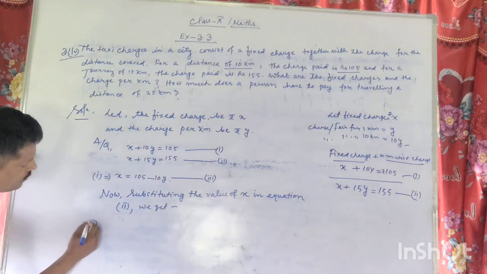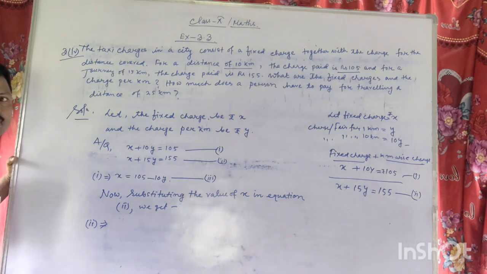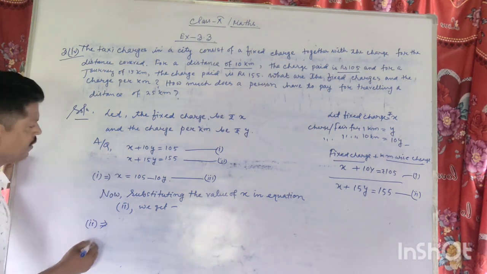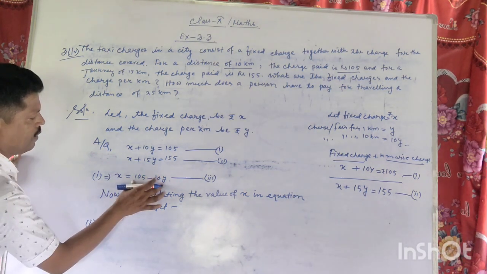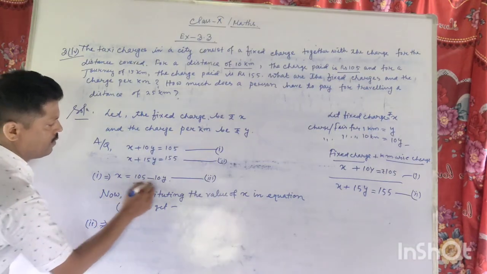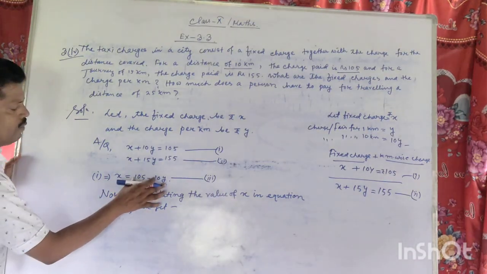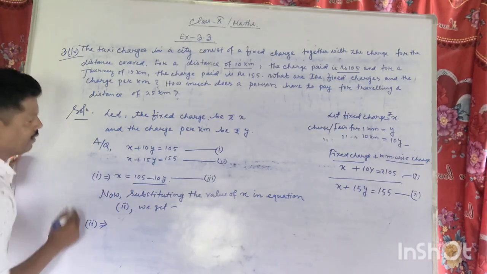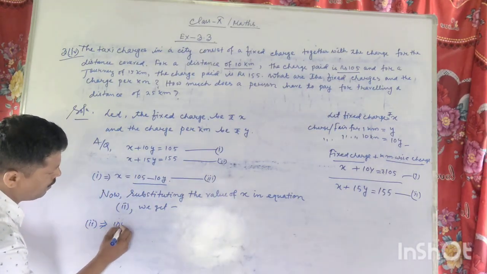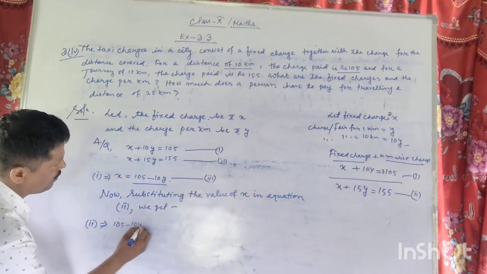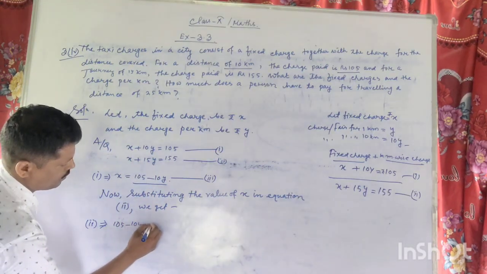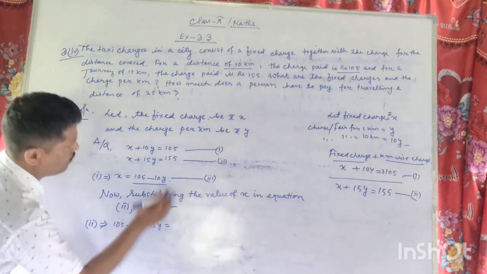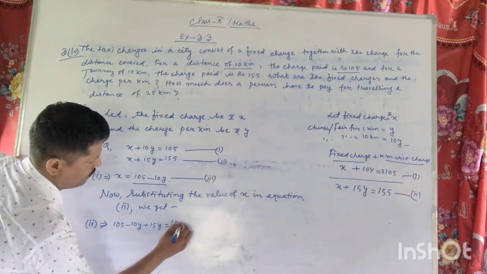From 2, we have to replace x. The x value is 105 minus 10y, so x equals 105 minus 10y, we just have to put in equation 2. So 105 minus 10y, and plus 15y is equal to 155.